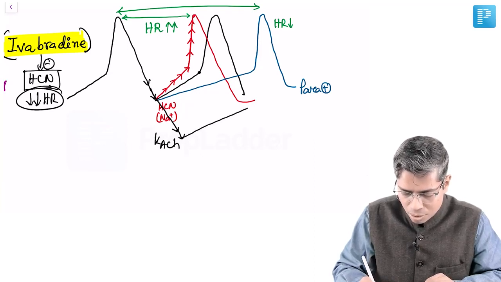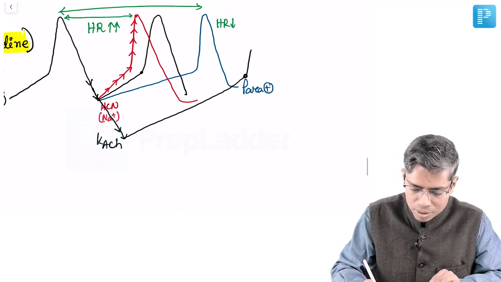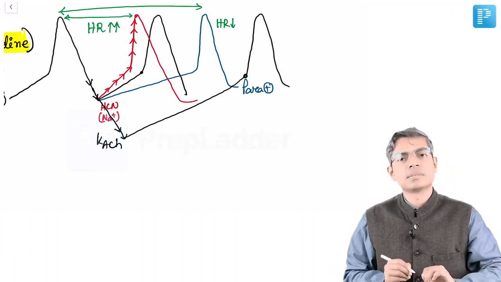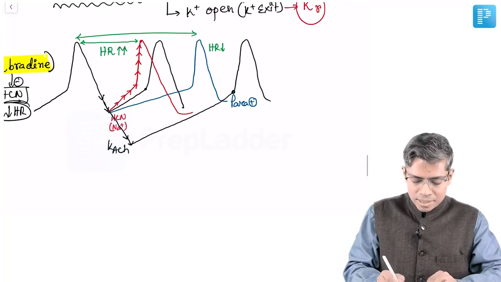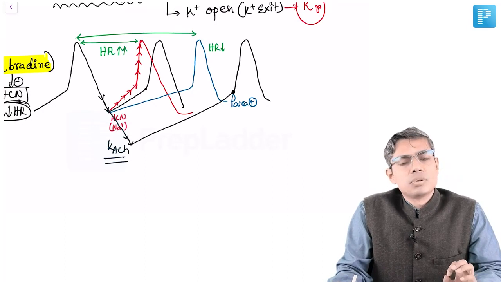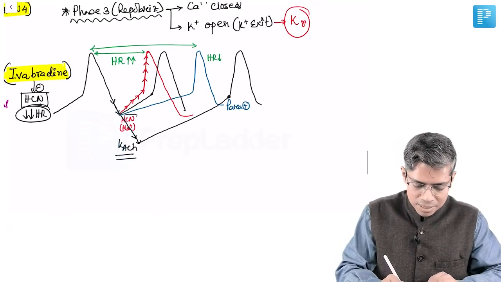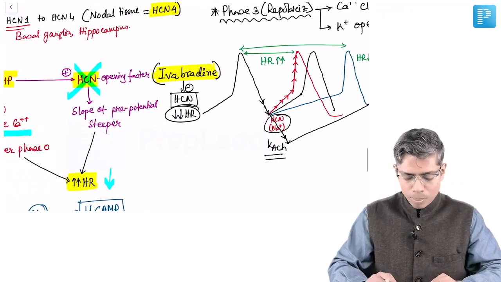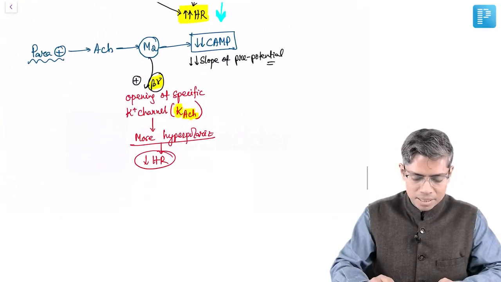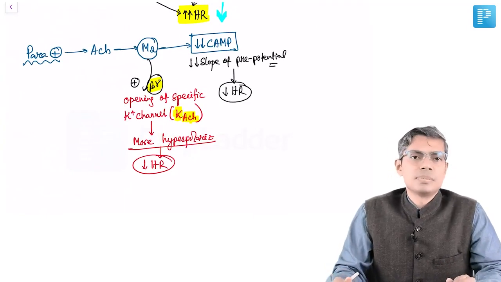It will take a long time to return to the threshold voltage and a long time to generate a second action potential. So that way, this KACH is causing hyperpolarization of the nodal tissue cell, and decreased cAMP is inhibiting this HCN channel. The combined effect of this parasympathetic is that there will be a decrease in heart rate by parasympathetic stimulation.